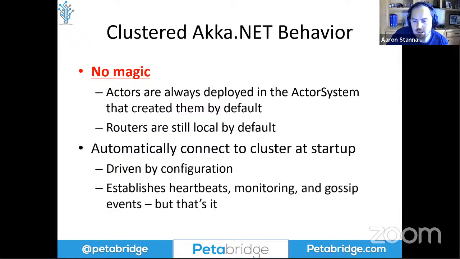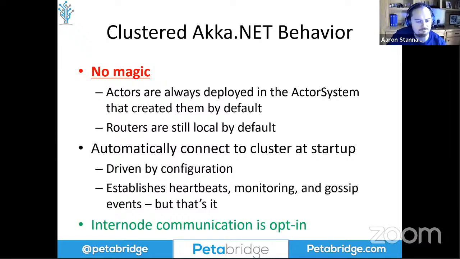When we actually connect to the cluster at startup, it's going to establish some of the system messages that Akka.Cluster relies on, namely heartbeats, failure detection monitoring, and gossip events. The gossip events are what basically drive the expansion and contraction of the peer-to-peer network, but that's it. We're not going to do anything else that really affects any of your user-driven code.